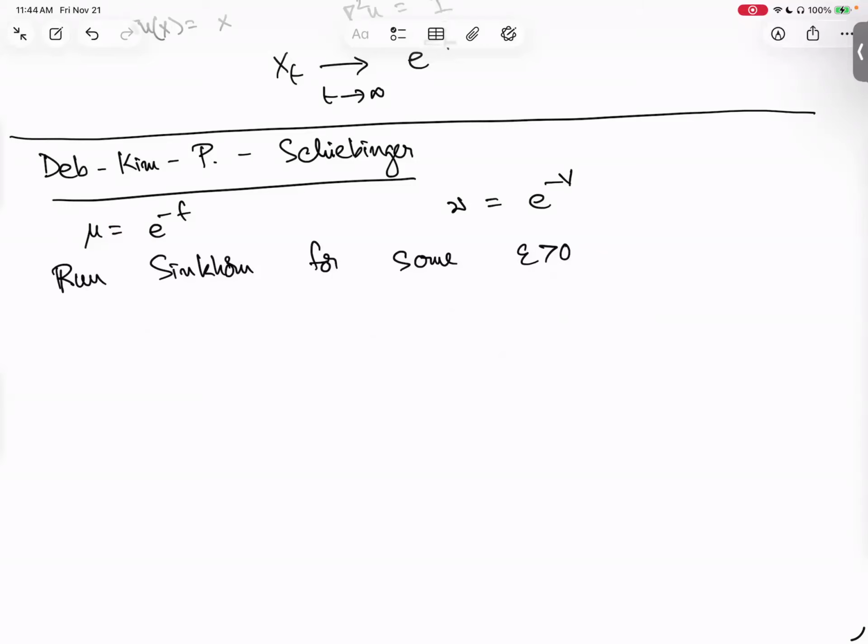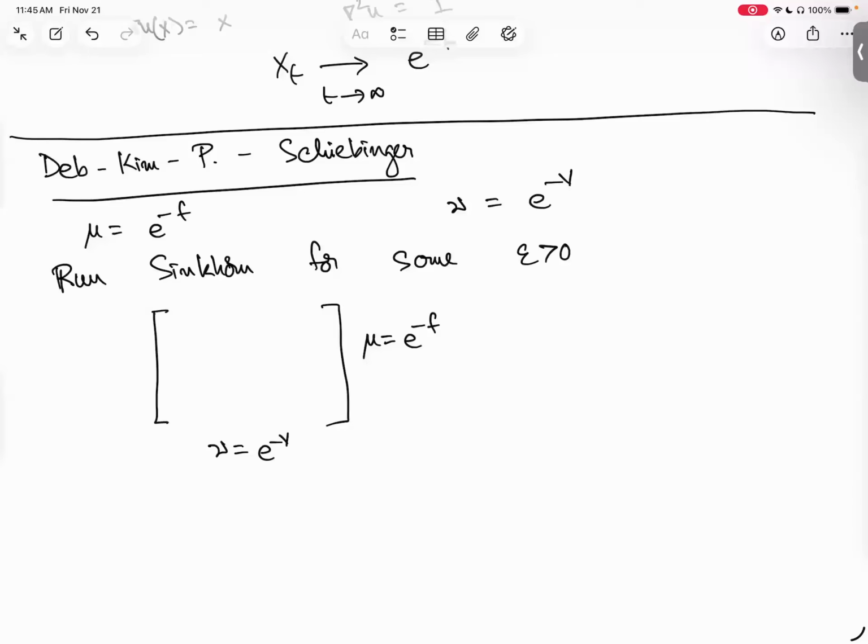If I write things in matrix form, these are my column sums, which are nu, e to the power minus v. And these are my row sums, which are mu, e to the power minus f.